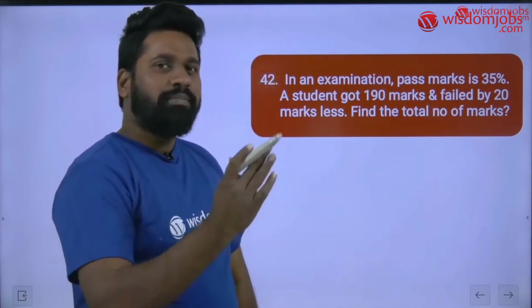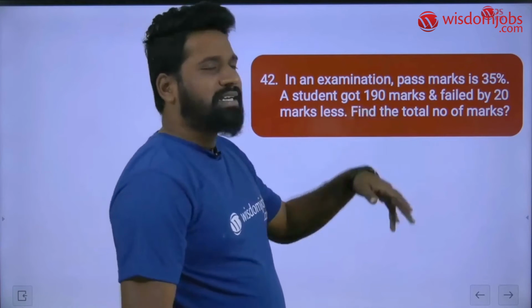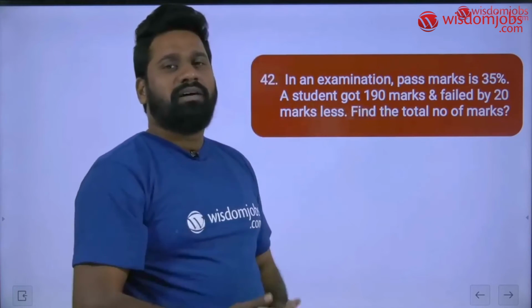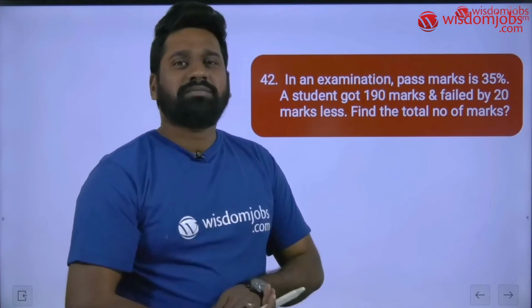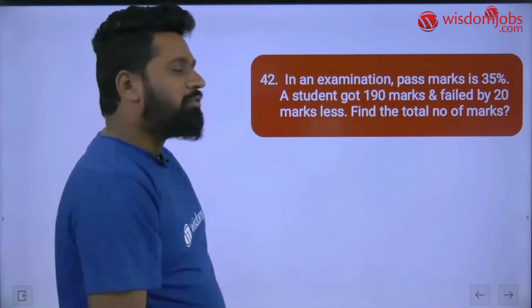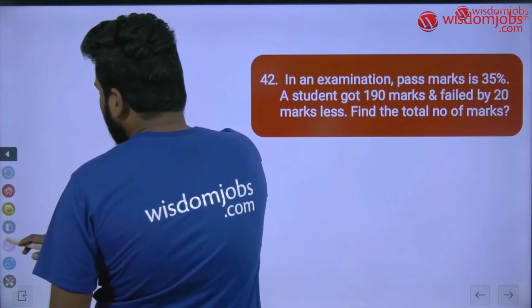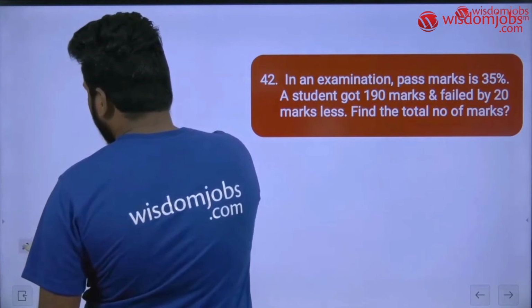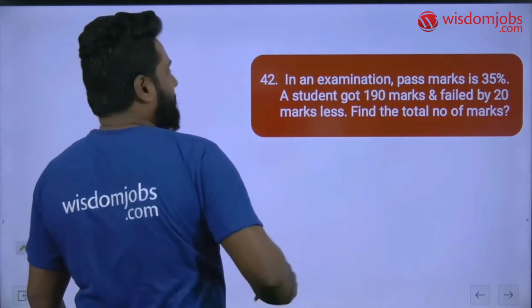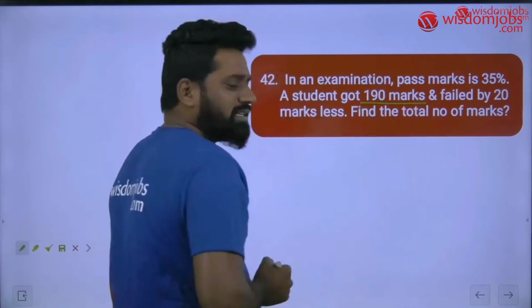In the previous question some percentage like 32% of the marks was given, and he failed by 6 marks. Instead of that 32%, directly the number of marks is given. It's very simple if you compare with that question.